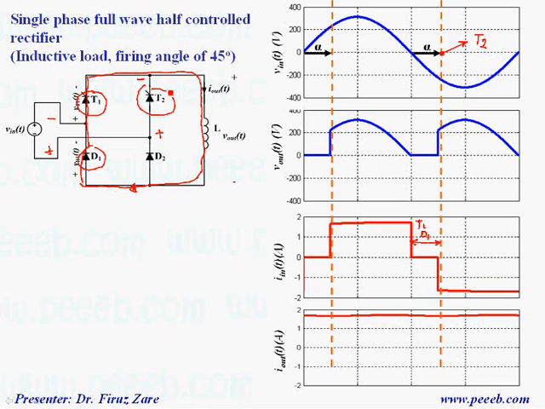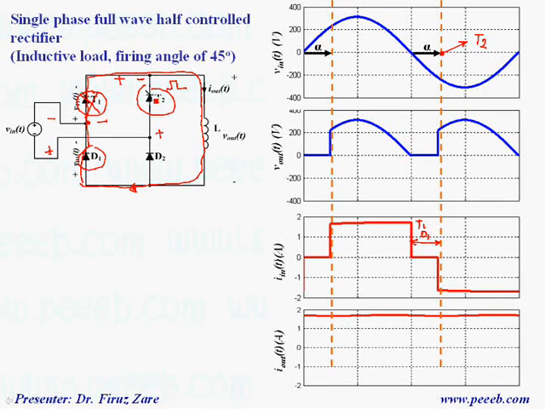Once we apply gate signal into this thyristor, we can turn on the thyristor, and once we turn on the thyristor, this terminal is positive and this terminal is negative, so the voltage across the other thyristor is based on this polarity, which turns it off.